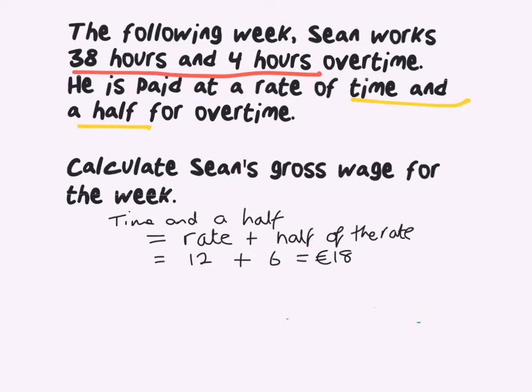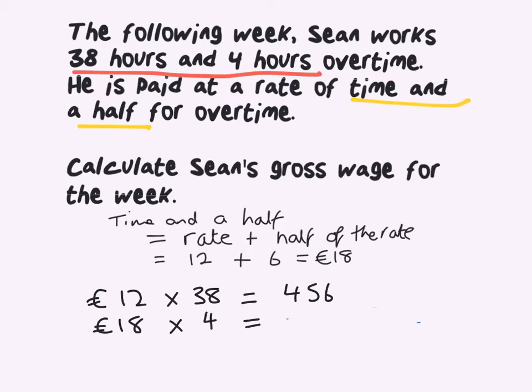So we already know that for his 38 hours, he gets €12 an hour, and that gives me 456. Now for his additional 4 hours, he is going to get €18 for those 4 hours.